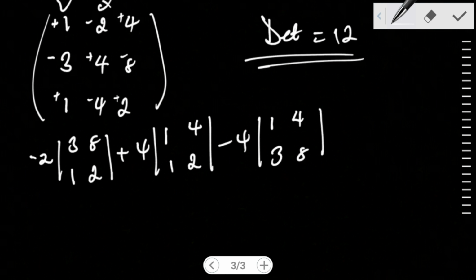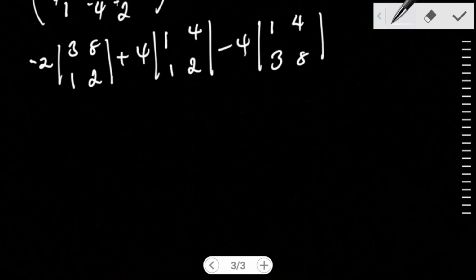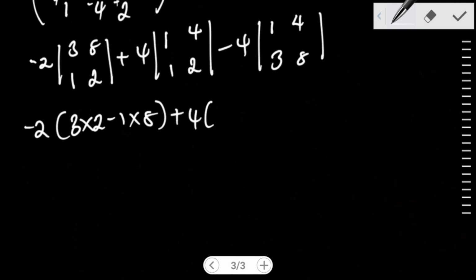So let's work out this. So I'm going to have negative 2 into 3 times 2 minus 1 times 8, plus 4 into 1 times 2 minus 4 times 1, minus 4 into 1 times 8 minus 4 times 3.